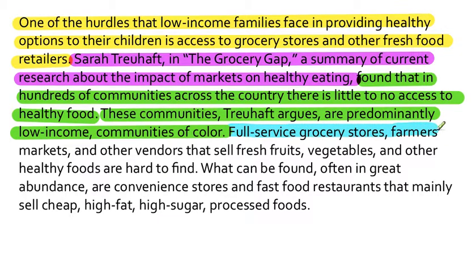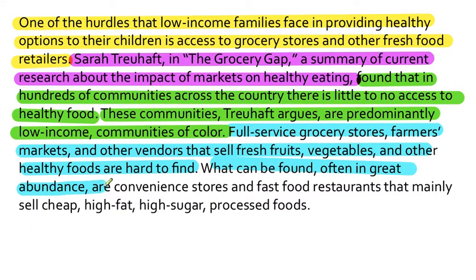Full-service grocery stores, farmers markets, and other vendors that sell fresh fruits, vegetables, and other healthy foods are hard to find. What can be found often in great abundance are convenience stores and fast food restaurants that mainly sell cheap, high-fat, high-sugar processed foods.